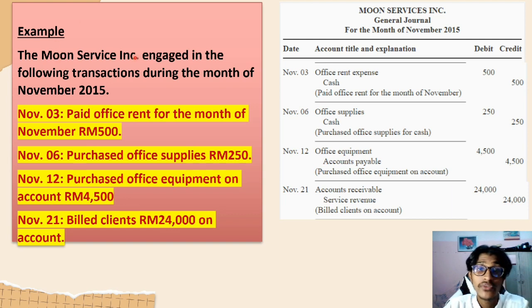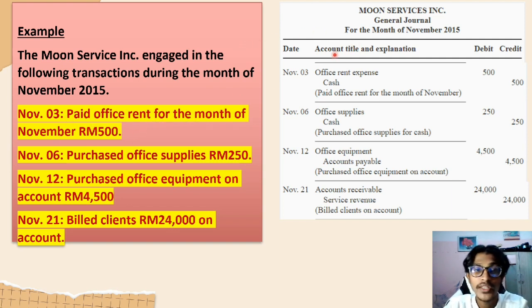The firm engaged in the following transactions during the month of November 2015. Before we record our transactions, we have to write our format first, which is date, account title and explanation, debit, and credit. The first transaction is paid office rent for the month of November, 500.